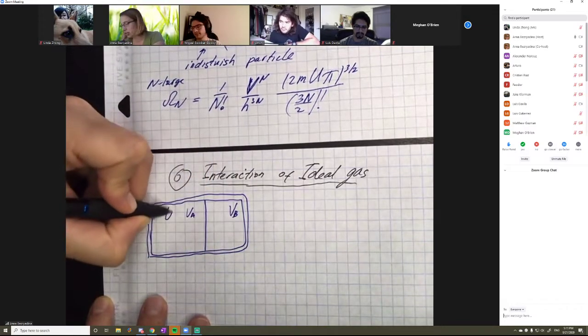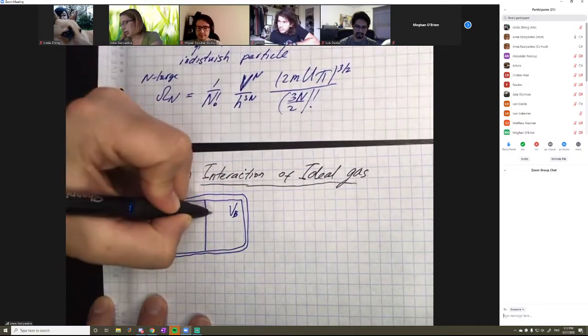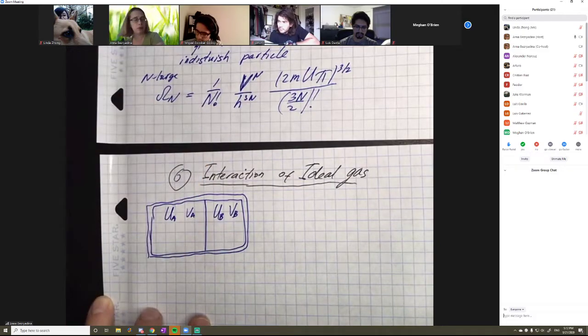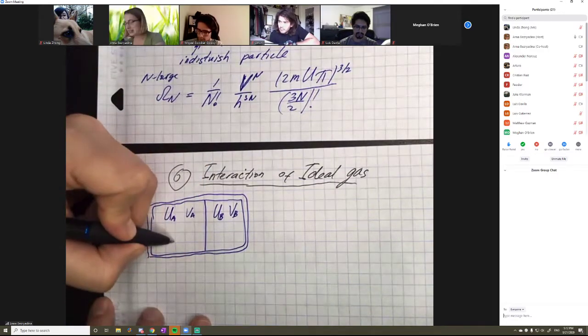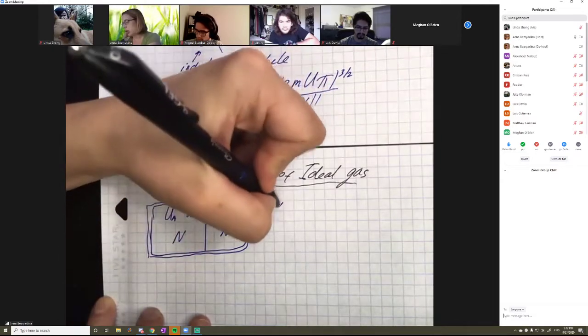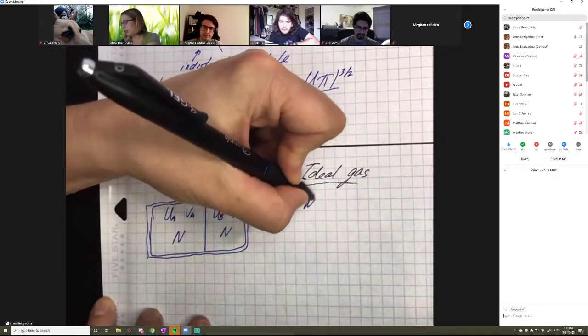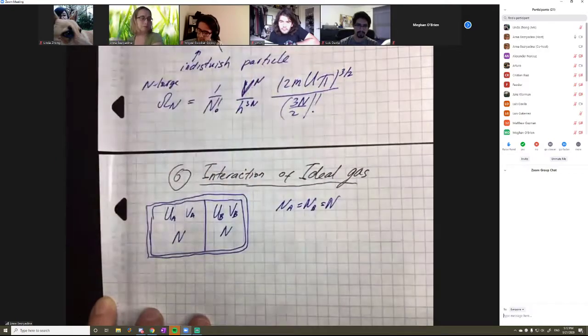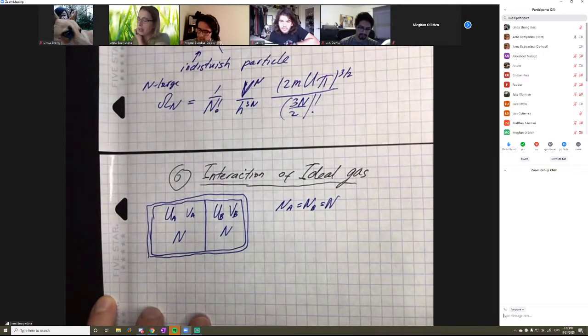One has energy UA, another has energy UB, and they have the same number of particles, N and N. So we have a system of two ideal gases separated by a partition which allows energy flow.